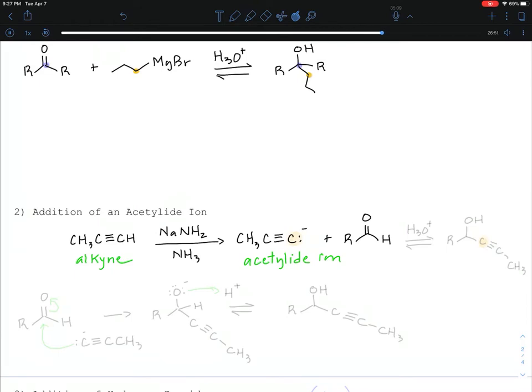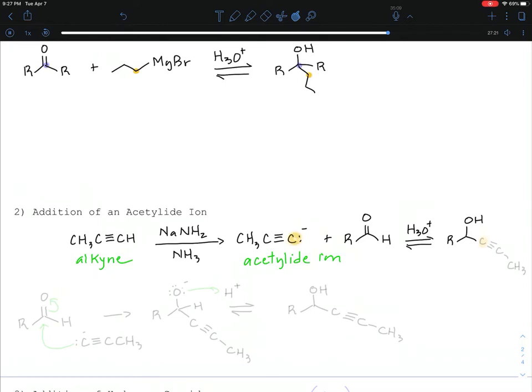What's going to end up happening after workup is I will add on to the carbonyl. So I've got R. We'll protonate that with the acid. The hydrogen will be implied. And then I'm going to be adding this right here.